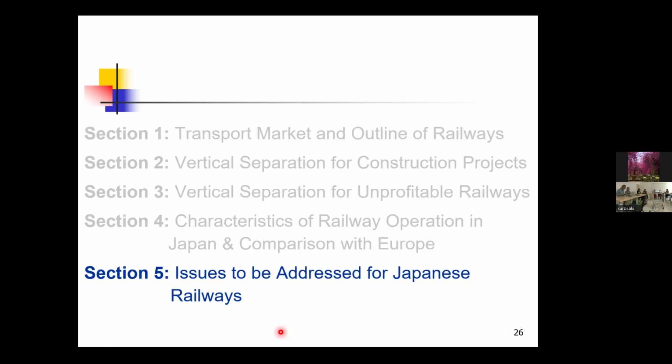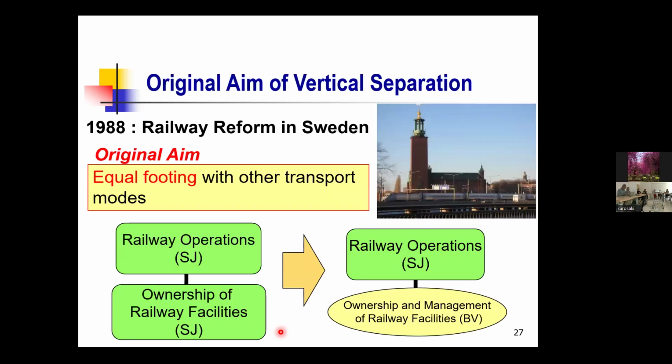In the last section, I would like to address some issues in Japanese railways. In Europe, the first case of radical reform was carried out in Sweden. The Swedish railway was reformed by vertical separation in 1988.